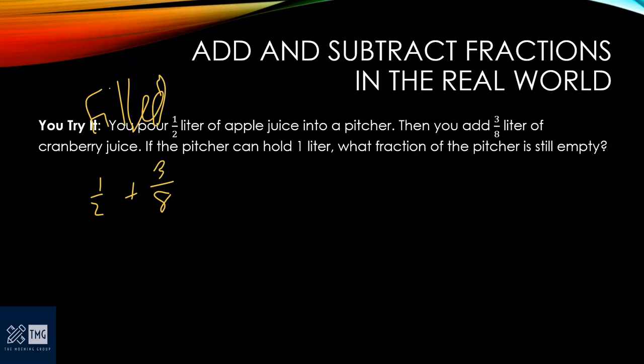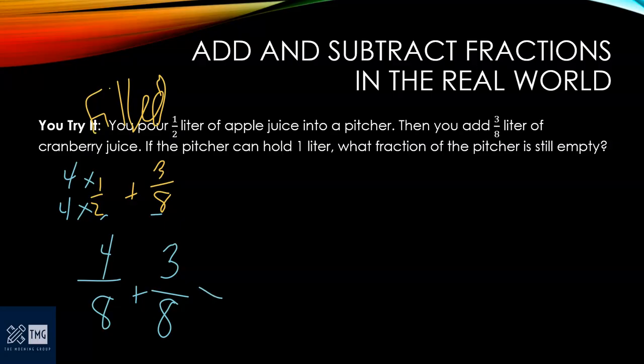If I add those together, 2 and 8 will give me a common denominator of 8. My second fraction doesn't change. On the left side, 2 times 4 gave me 8, so 1 times 4 gives me 4. I add those together, and my pitcher is 7/8 of the way filled. So the question is, what fraction is still empty?